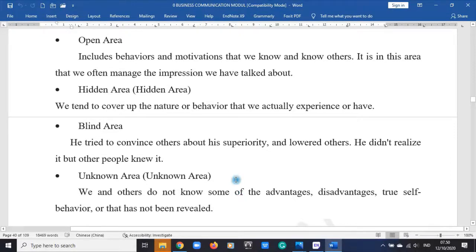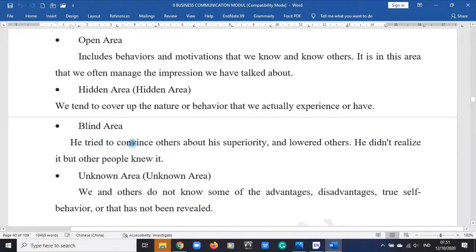Here we will read the explanation of the Johari window. The open area includes behavior and motivation that we know and others know. It is in this area that we often manage the impression we have talked about. And we also have the hidden area. We tend to cover up the nature of our behavior that we actually experience or have. And then the blind area.